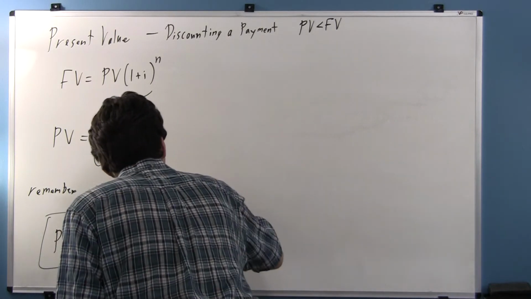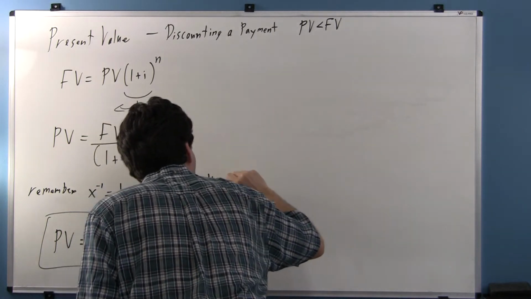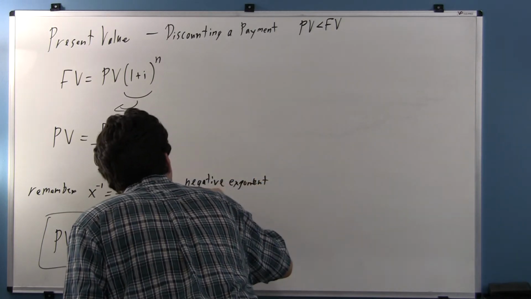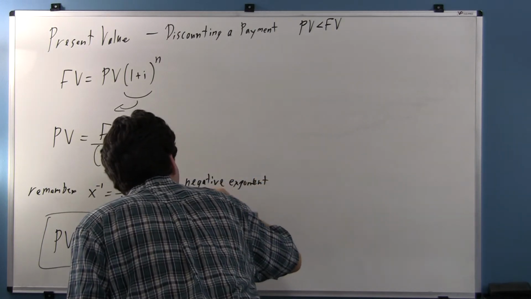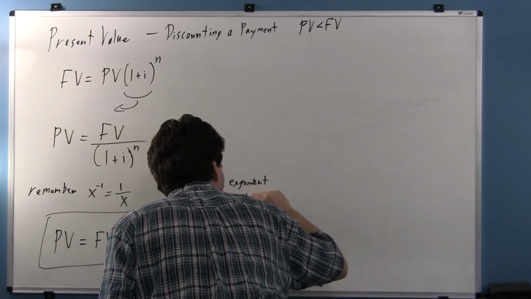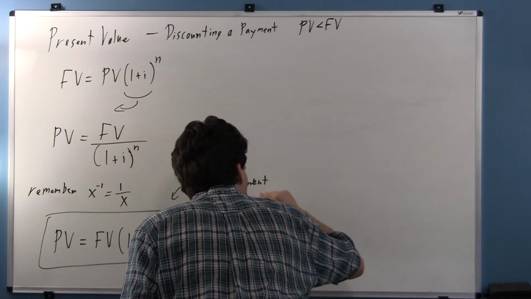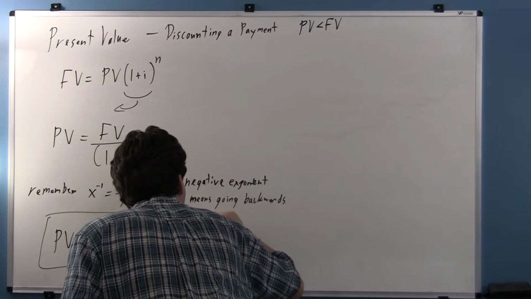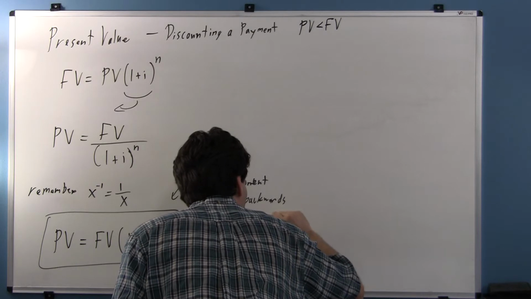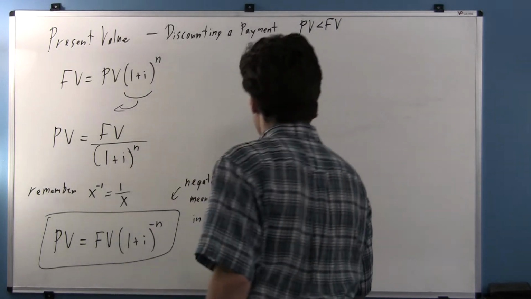So, a negative exponent means going backwards in time, calculating PV.